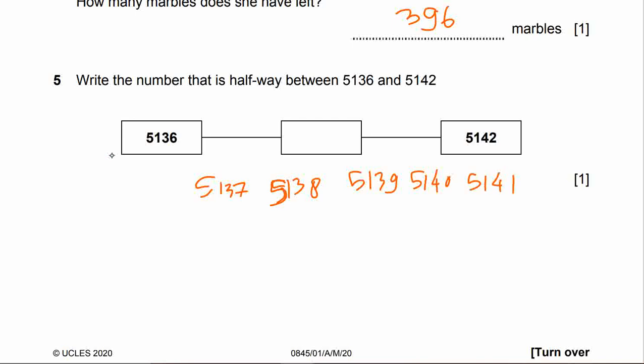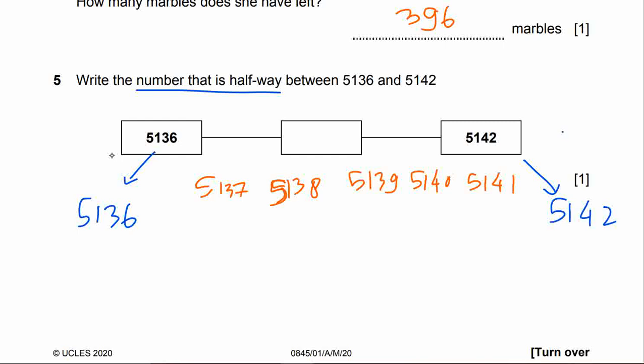And then 5142 is here, and 5136. So the numbers are 36, 37, 38, 39, 40, 41.